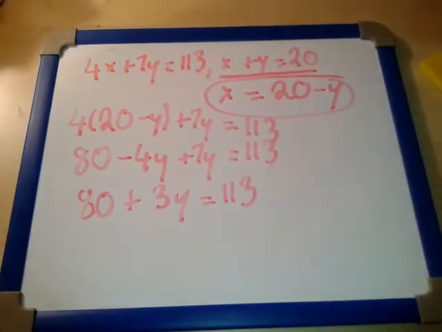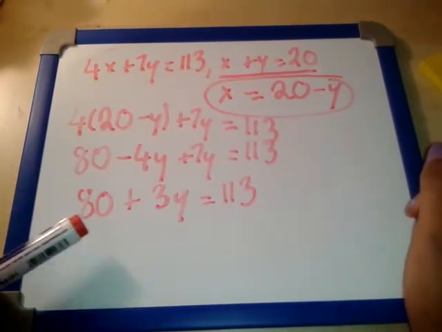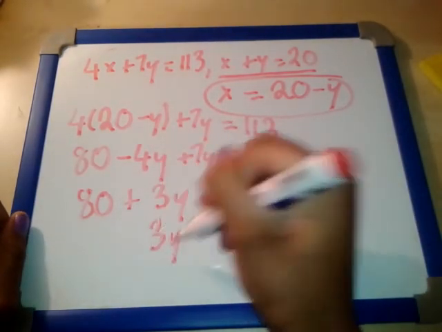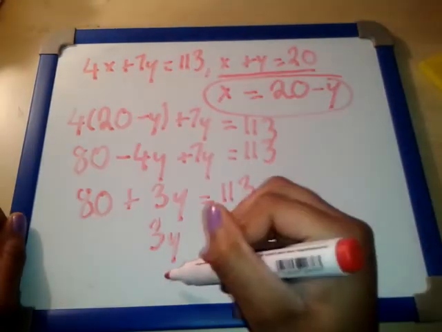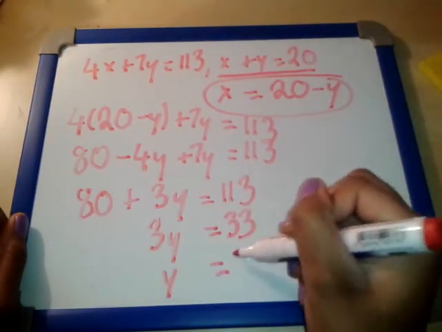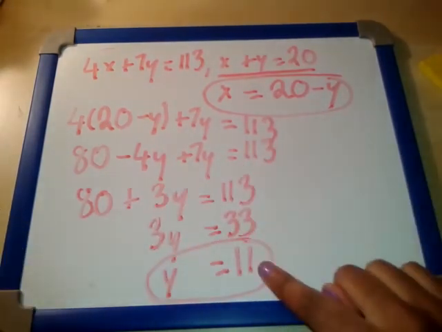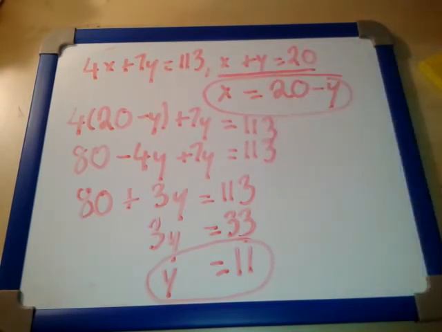Okay, so again, we want all the letters on one side and the numbers on the other side. The quickest way to do this is to subtract 80 from both sides. And that will give us 3y equals 33. And then dividing both sides by 3, y is equal to 11. But again, we haven't yet finished the question because we still need to find out a value for x.